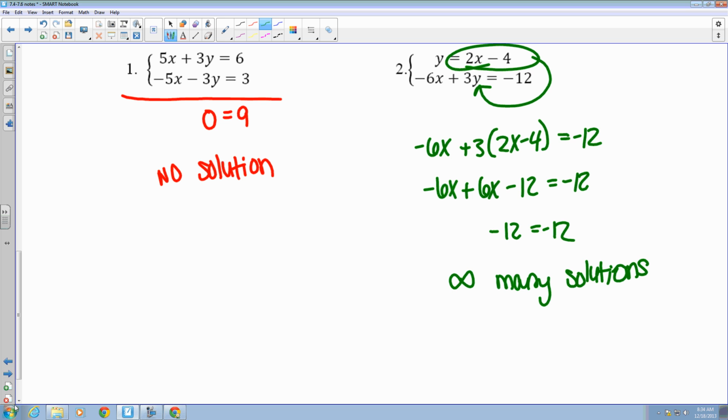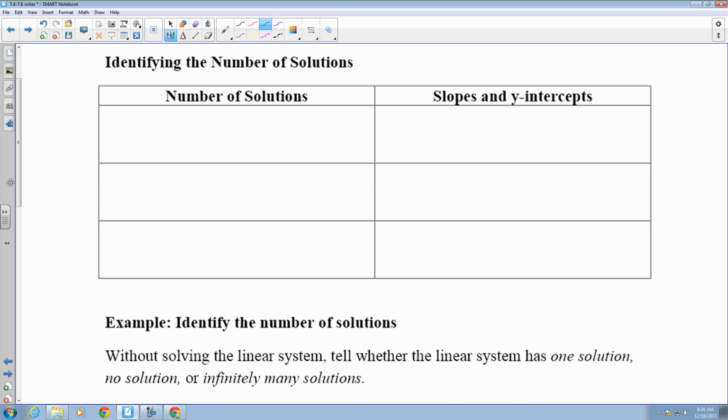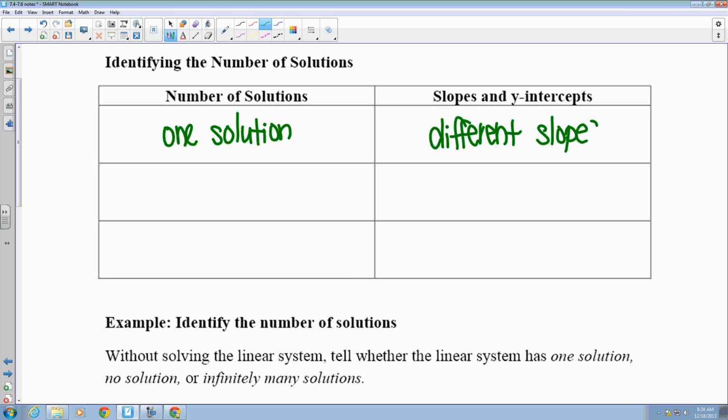Okay, there's also another way to figure out how many solutions we have. If we have one solution and we are in slope-intercept form, our equations will have different slopes. We will know right away that it's going to be one solution. For a no solution situation, you're going to have the same slopes, but you're going to have different y-intercepts.